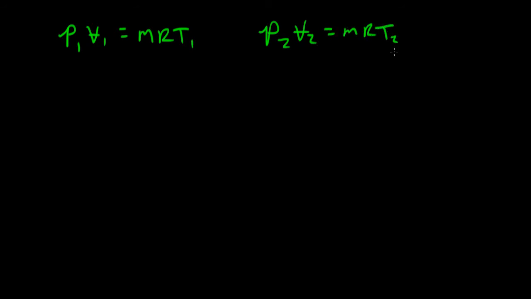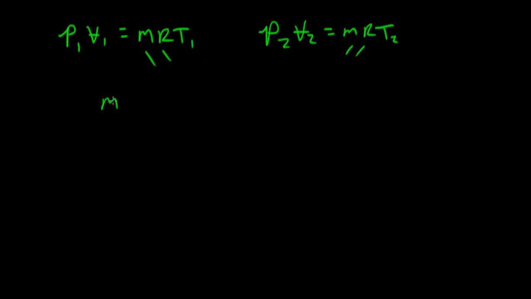Remember that we wrote the ideal gas law for both states at either end of the compression stroke. P1 V1 equals mR T1, P2 V2 equals mR T2. Note that for a closed system, both the mass and the specific gas constant stay constant throughout the process, and so we can solve for mR in each of these.